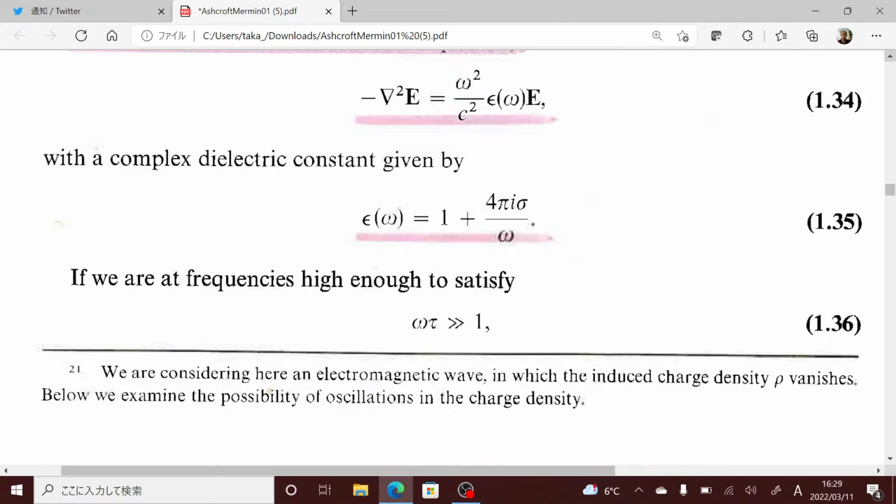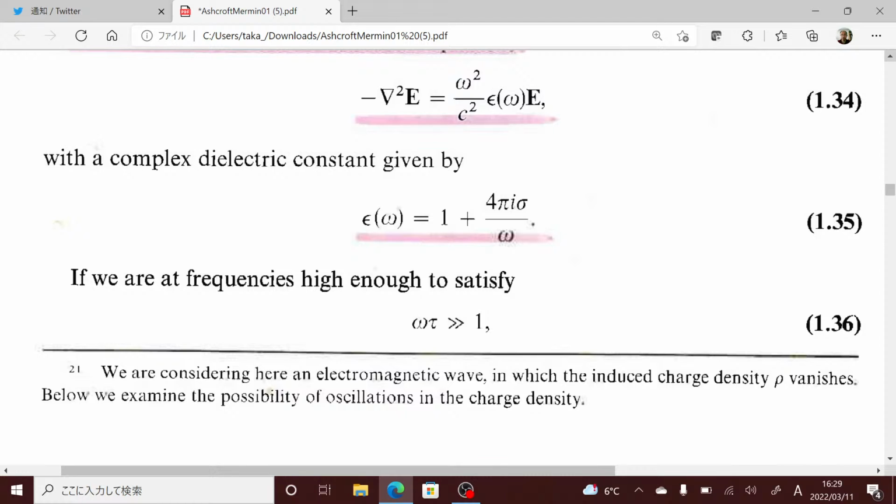Below, we examine the possibility of oscillations in the charge density. I don't understand. We are considering here an electromagnetic wave in which the induced charge density vanishes.